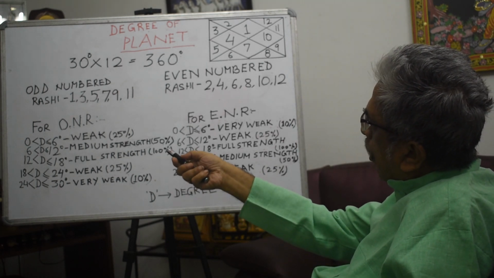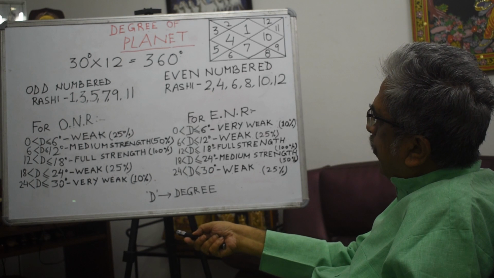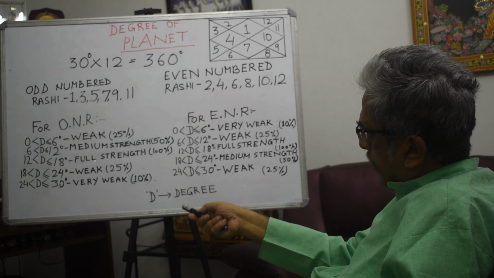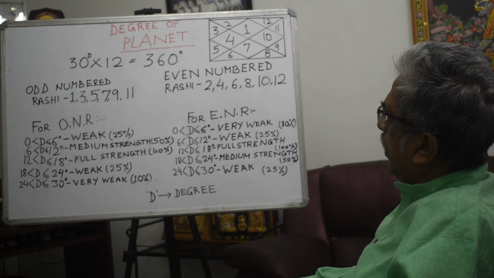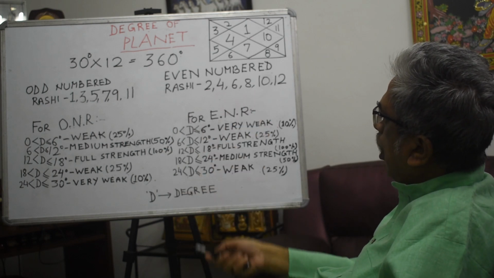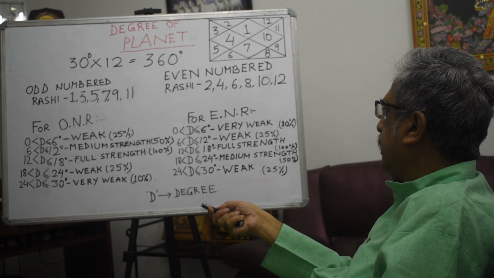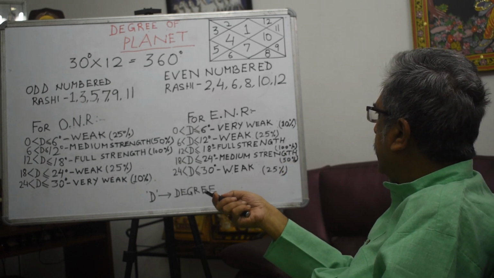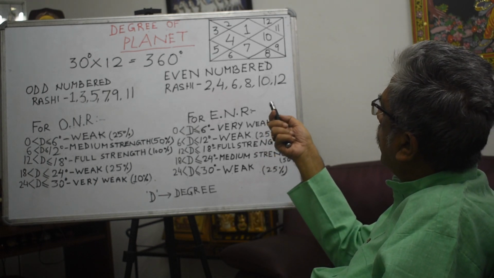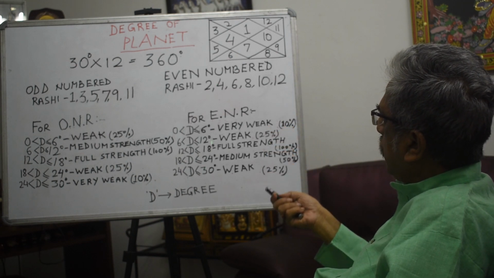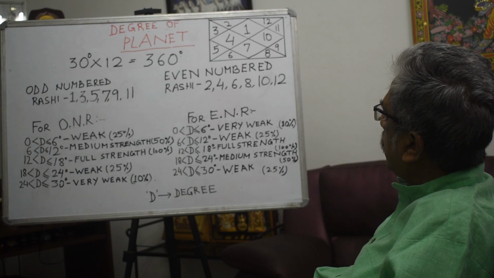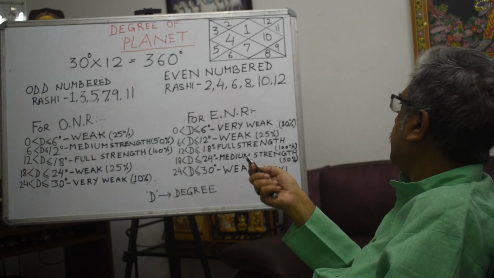If it is an odd numbered Rashi, this is the table indicating the result out of the total strength of the planet. Every planet has 100% strength, but how much result it gives depends on the degree. Now in the case of even numbered Rashi, this is the table. You can know about how much result is obtained.